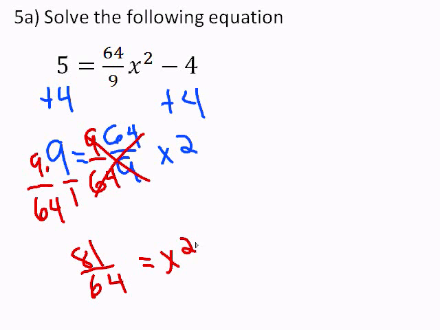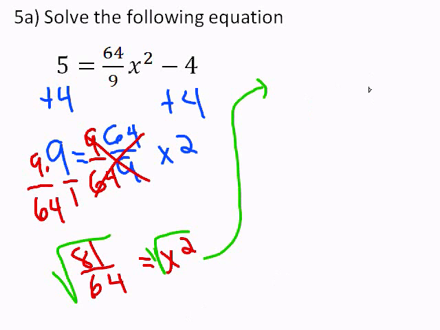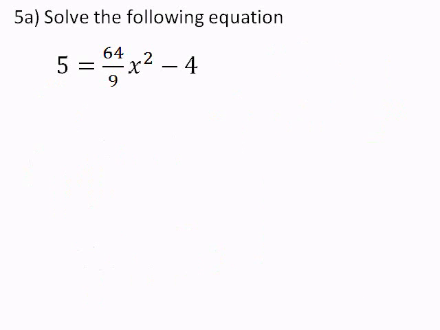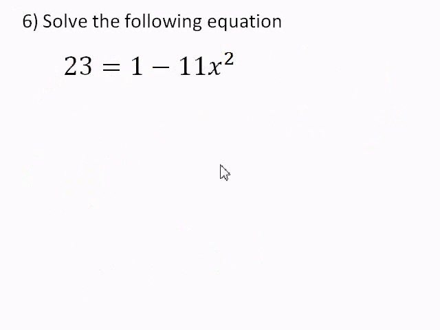To get rid of the square, we take the square root of both sides, giving us x is equal to, the square root of 81 over 64 is 9 over 8, plus or minus. Because we took the square root of both sides, we get a positive and minus. The square root of the top was 9, the square root of the bottom was 8, giving us plus or minus 9 over 8.